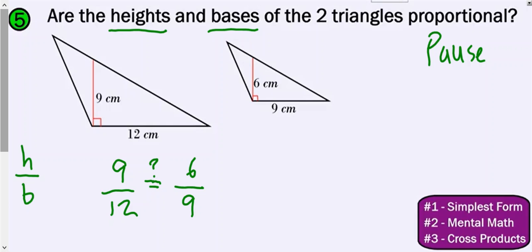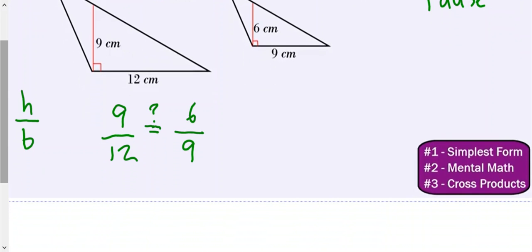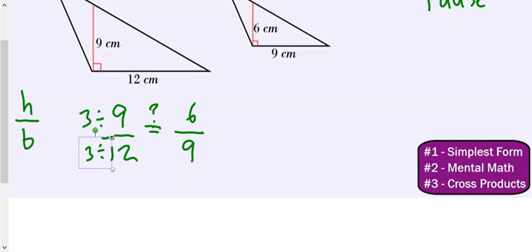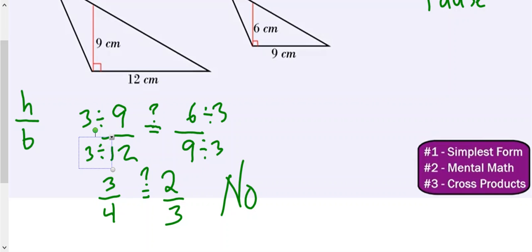I'm going to use simplest form to solve this problem. I'll simplify both fractions. This side I'm going to divide by 3, and I'll get 3 over 4. And this side I'm going to divide by 3 as well, and I'll be left with 2 over 3. Now we can compare. In simplest form, 3 over 4 and 2 over 3 tell us that these do not form a proportion.